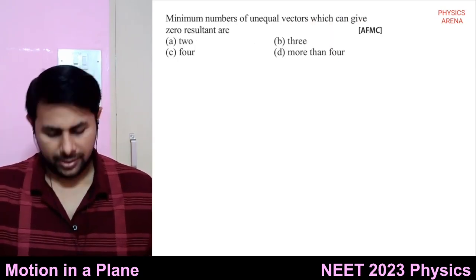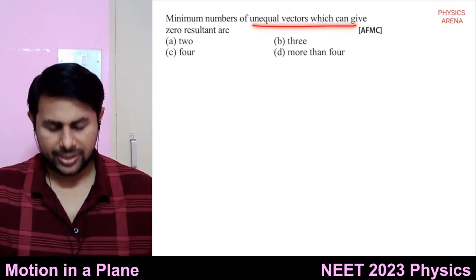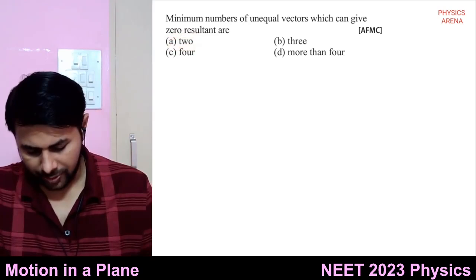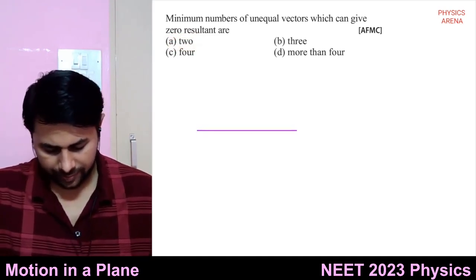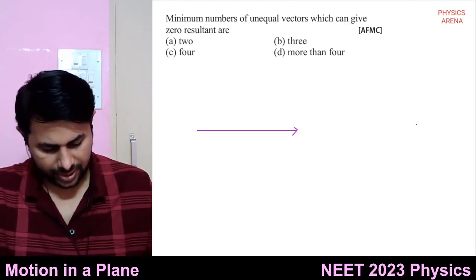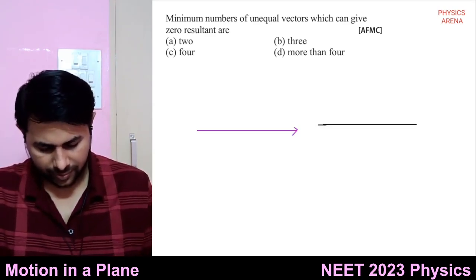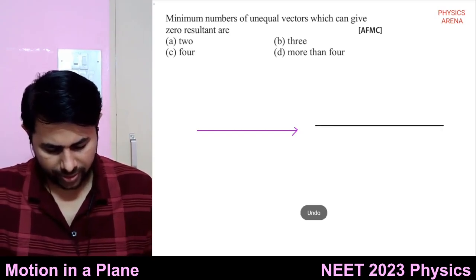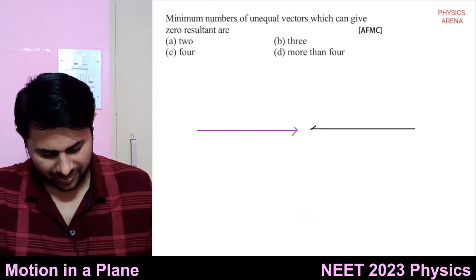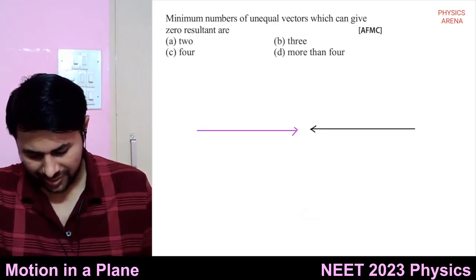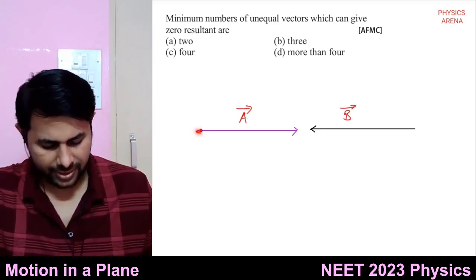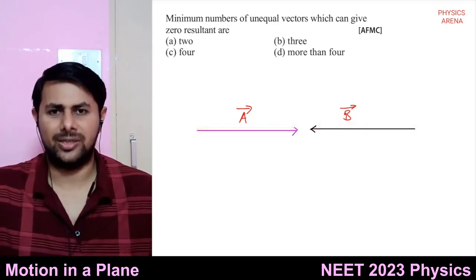So see, the minimum number of unequal vectors which can give zero resultant is actually two. How? Suppose this is A bar, and this is B bar. They have the same magnitude, but they are opposite in direction.